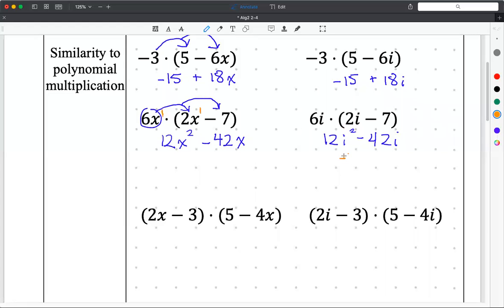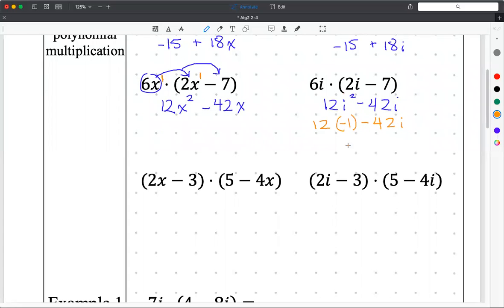So -1, and then go ahead and rewrite this entire problem now after multiplying -1. Oh, you want me to do that? Yes, please. It's gonna be -12 minus 42i. There it is, thank you.